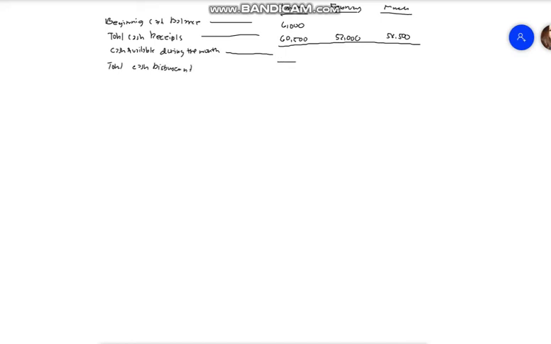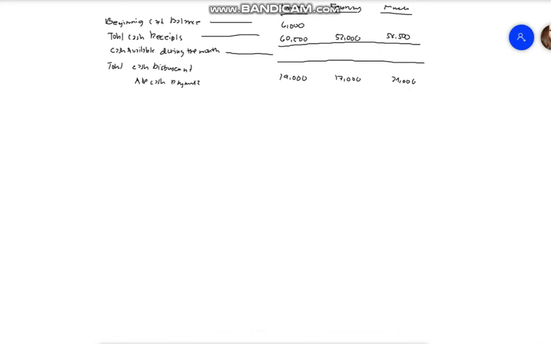I'm just going to put an underline here to separate. So earlier we computed the AP cash payments, and those amounted to 19,000, 17,000, and 24,000.